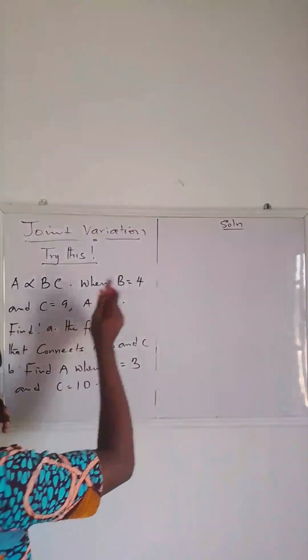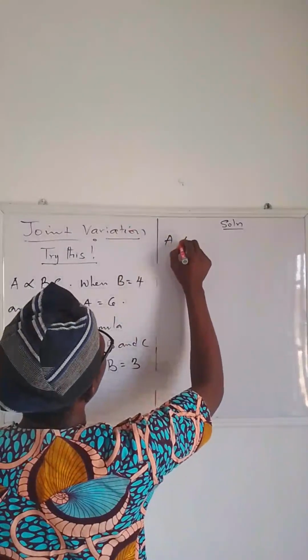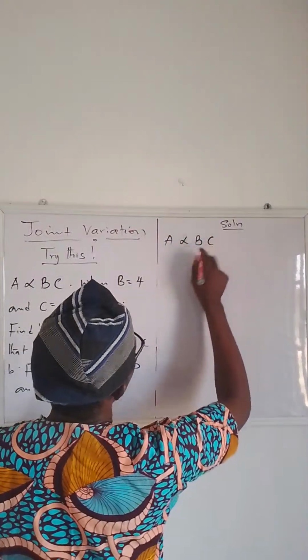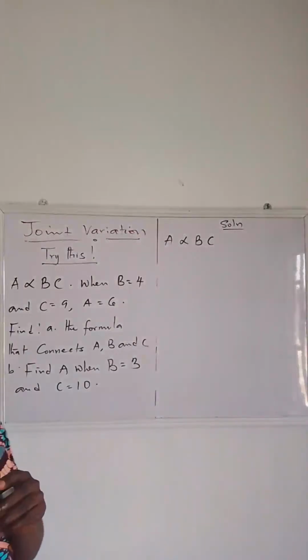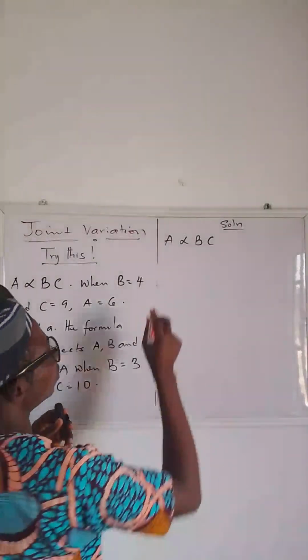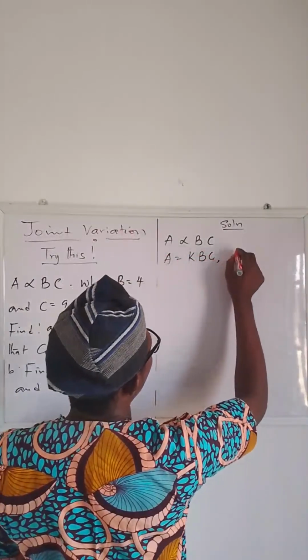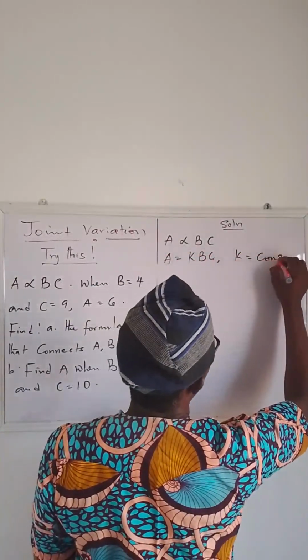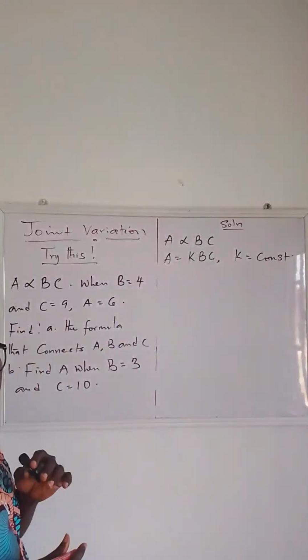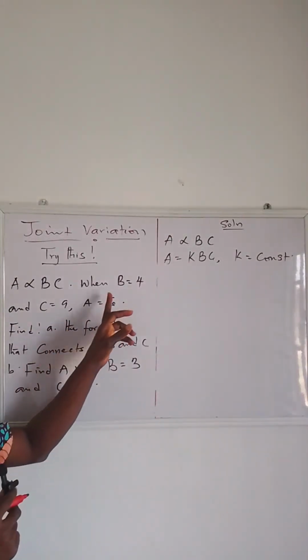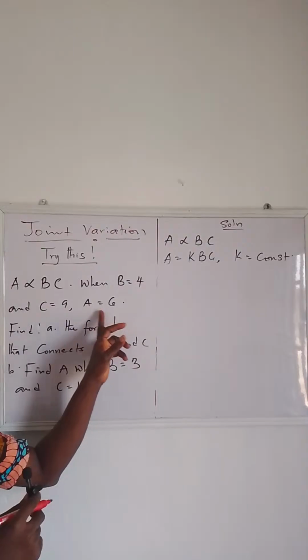Now, let's look at the question. We have A varies directly as B and C. The first thing is to introduce the proportionality constant. So we have A equals KBC, where K is a constant. We are given that B is 4, C is 9, and A is 6.